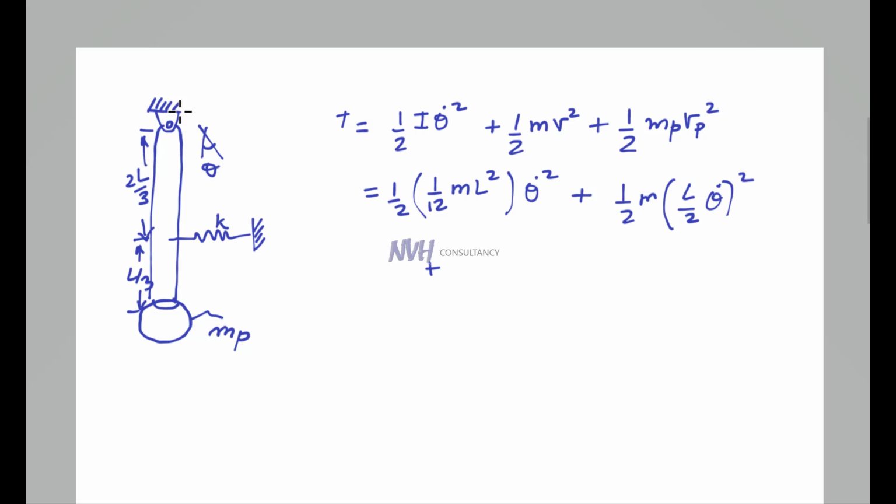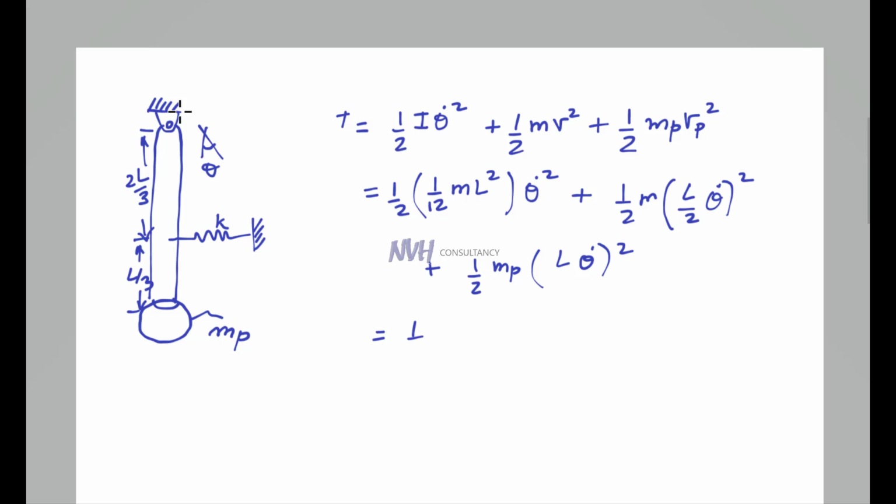For the block of mass M, you will have the entire length of the rod, that is LP, or just the L, you can say simply L because the length is the same. Okay, so this is L times theta dot square.